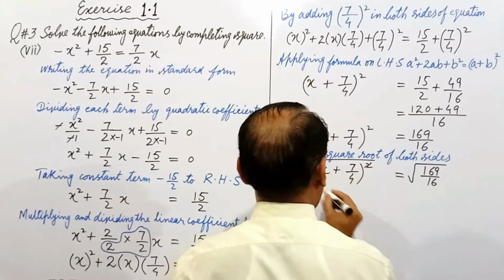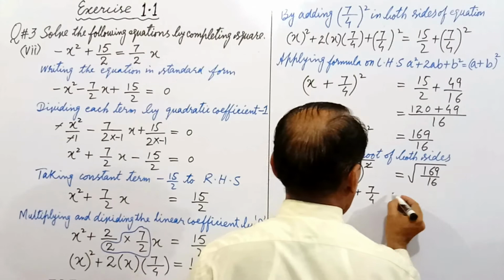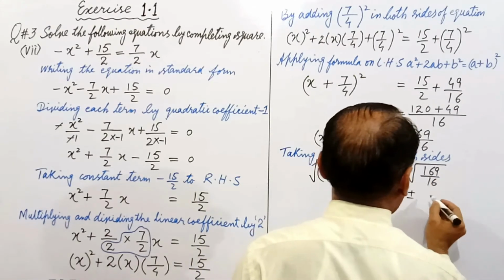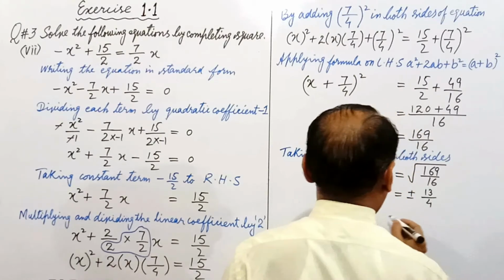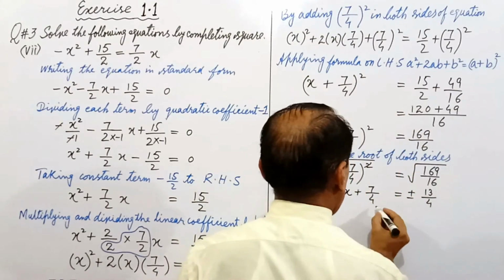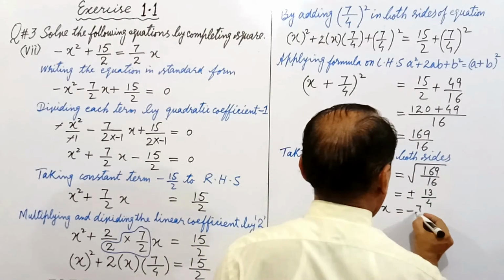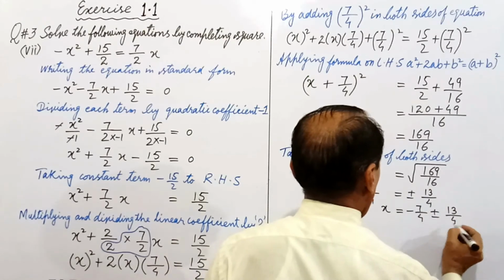Square is cancelled by square root. We have x plus 7 over 4 is equal to plus minus square root of 169 is 13 and square root of 16 is 4. We take 7 over 4 to the right hand side, we get x is equal to minus 7 over 4 plus minus 13 over 4.